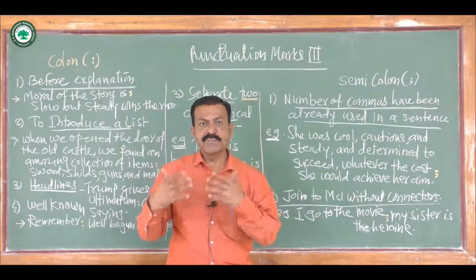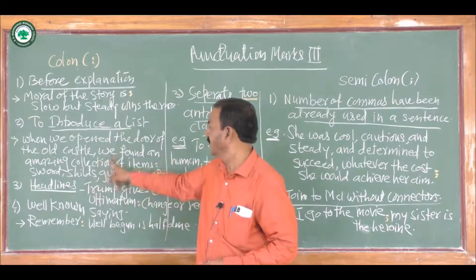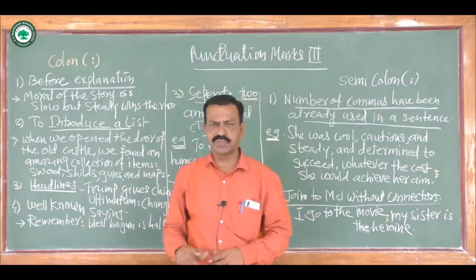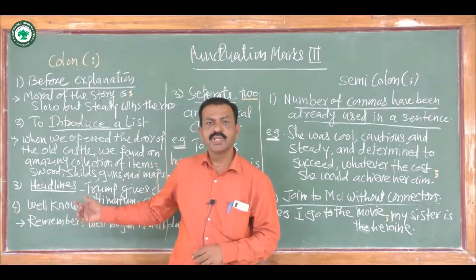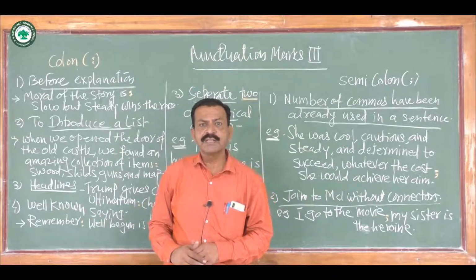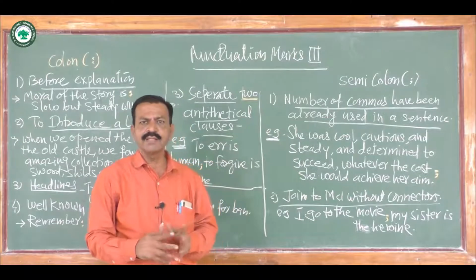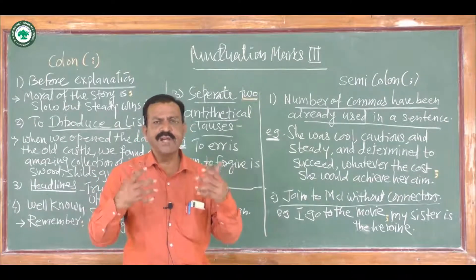The speaker is going to describe them. Here, before that list, colon is used. And what items has he got there? That is swords, shields, guns, axes, and maps or faded photographs.